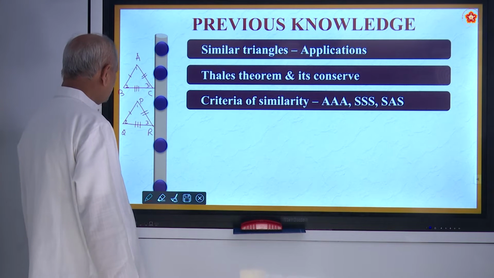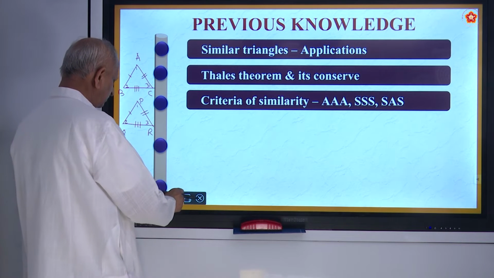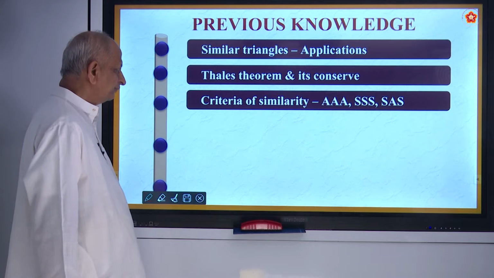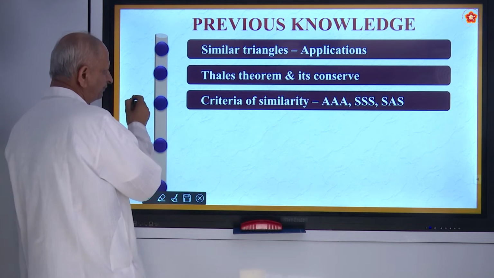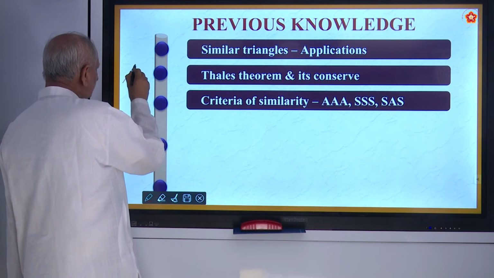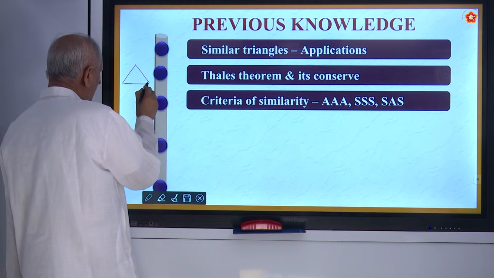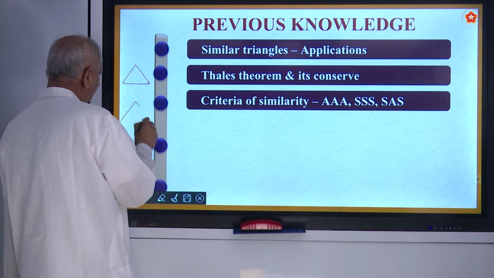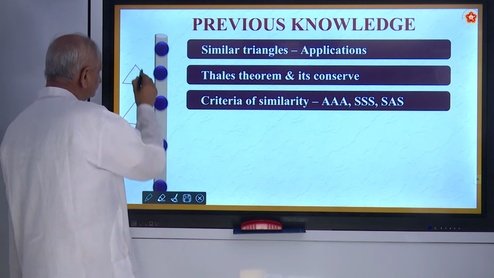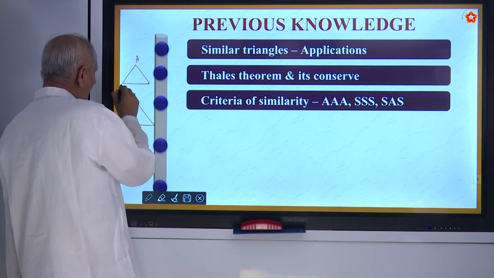Then we say the two triangles are similar. So if you have a triangle ABC and PQR, it need not be same, please note.